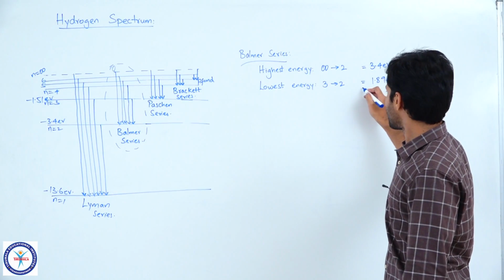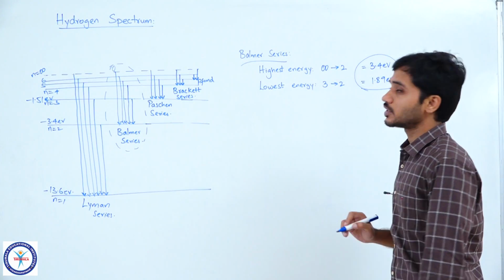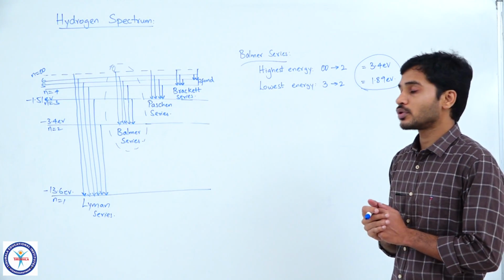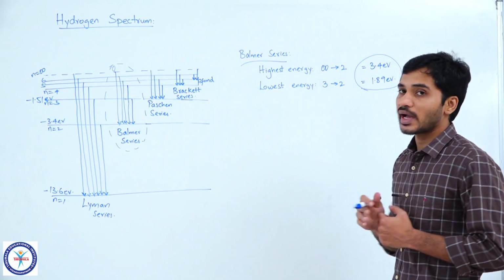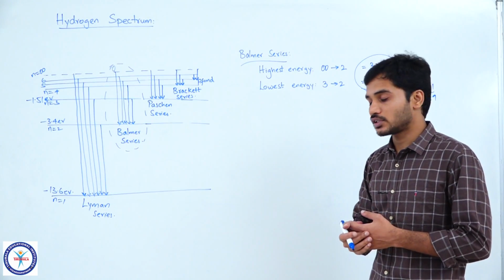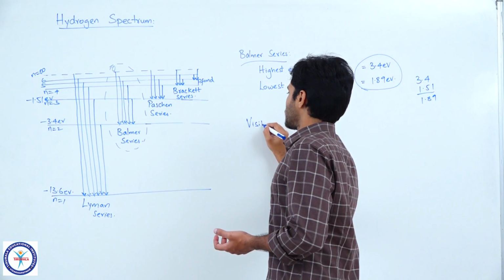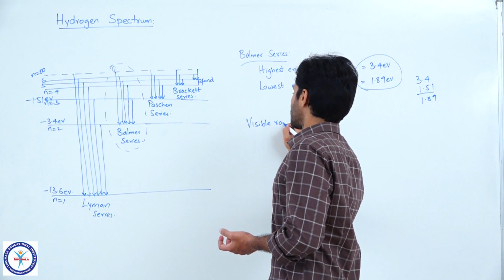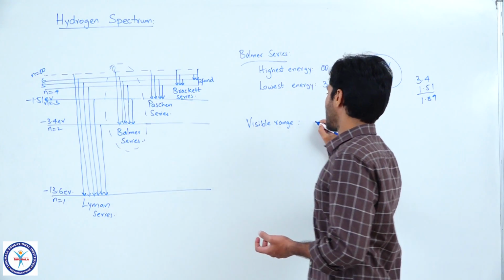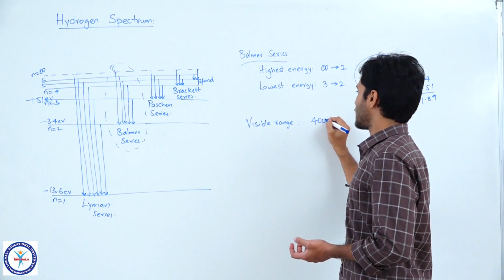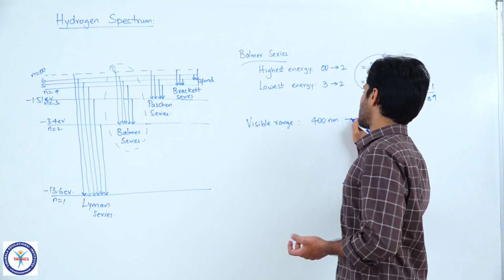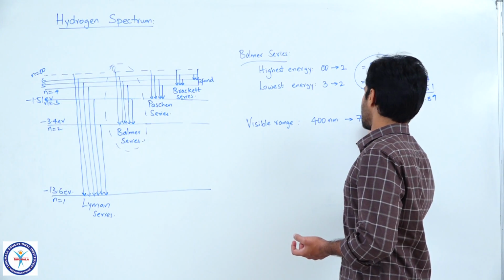Now the reason I have found the values of energy here is that I want to show you that these energies lie in the visible region. You all know the visible range: wavelengths varying from roughly 400 nanometers to 760 nanometers.